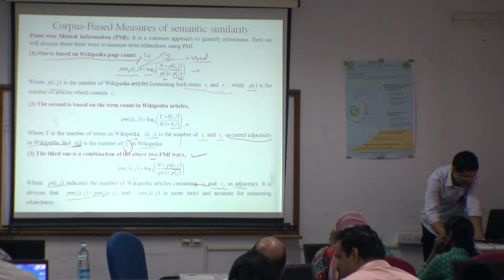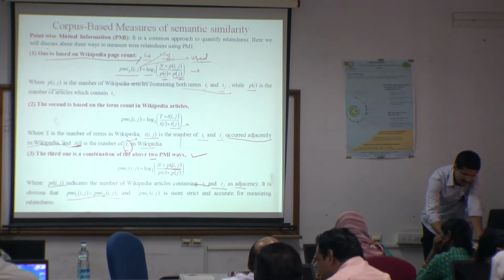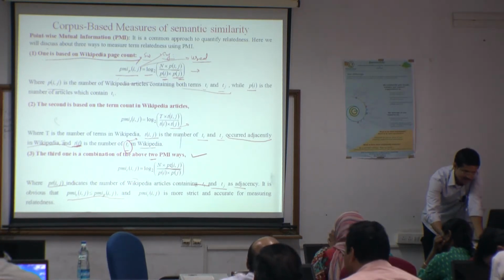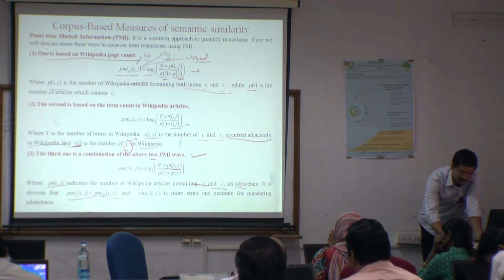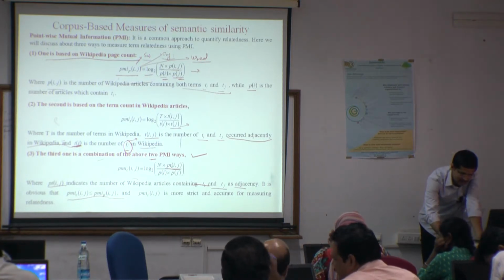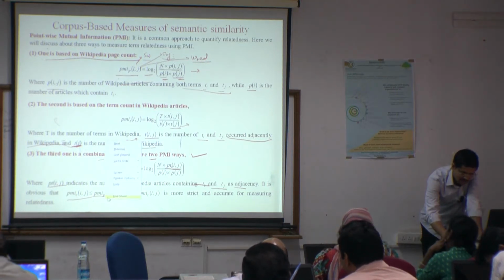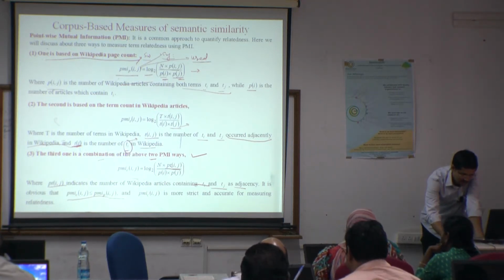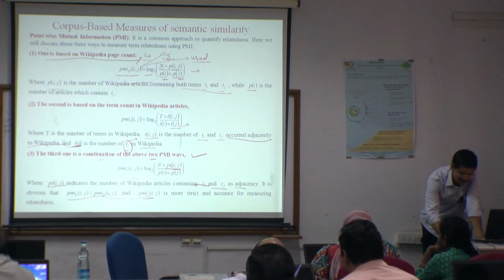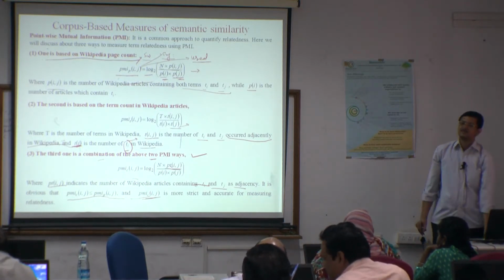From observation it is clear that the value of point-wise mutual information, PMI meaning point-wise mutual information, when taken in combination shows less value with respect to the first one, but it is more strict and gives you a more accurate value.